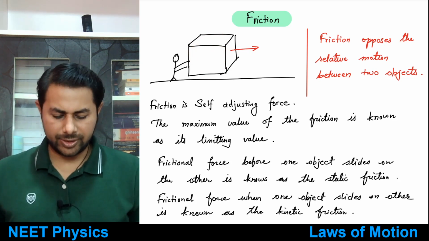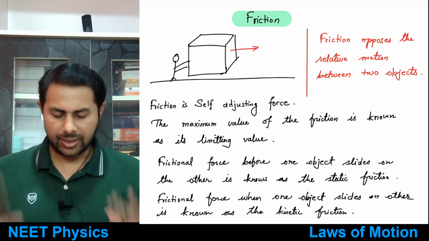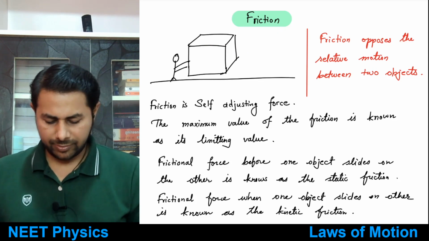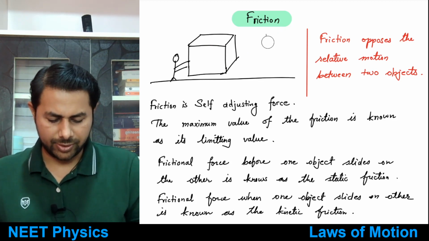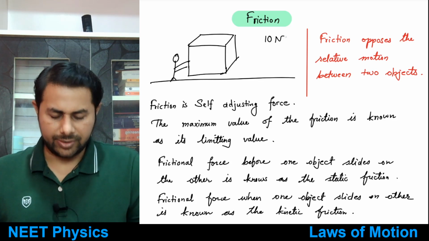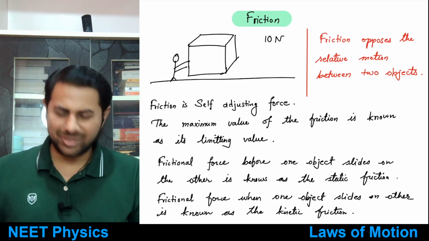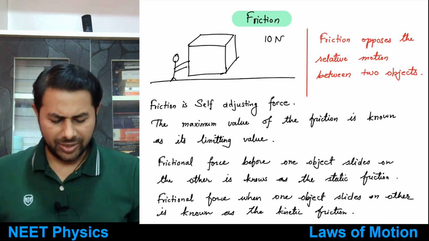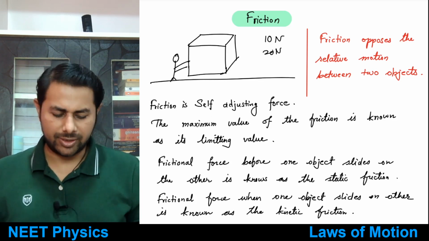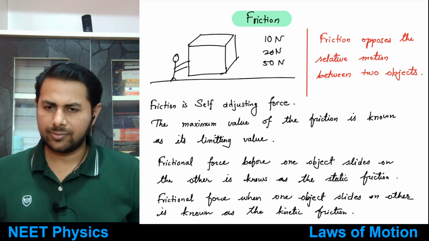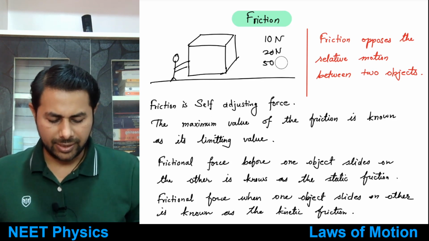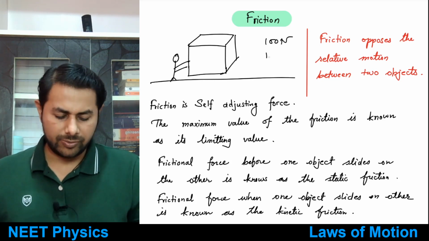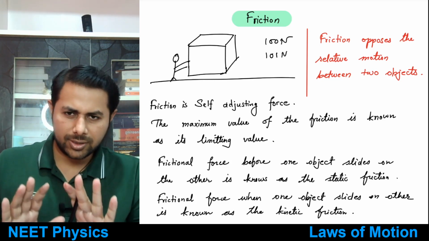What I do is I exert some force. Initially I exert a force of, let's say, 10 newtons, and nothing happens to the cupboard, it doesn't move at all. I increase the force, 20 newton, nothing happens. 50 newton, nothing happens, right? 100 newton, nothing happens. 101 newton, it slides a little bit.